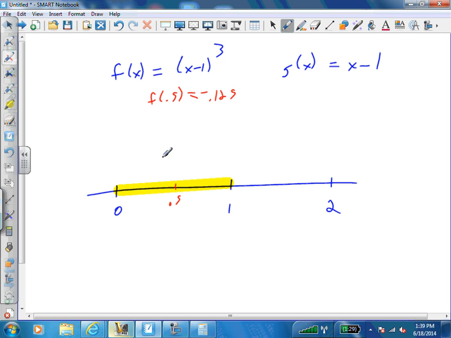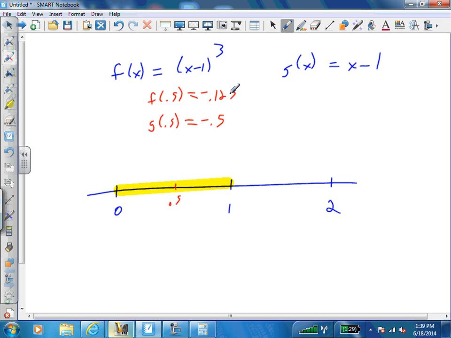If we substitute that same x value into the other function, 0.5 minus 1, we get negative 0.5. So which one of these would you say is above the other? F. The one that has the larger y value is the top one.